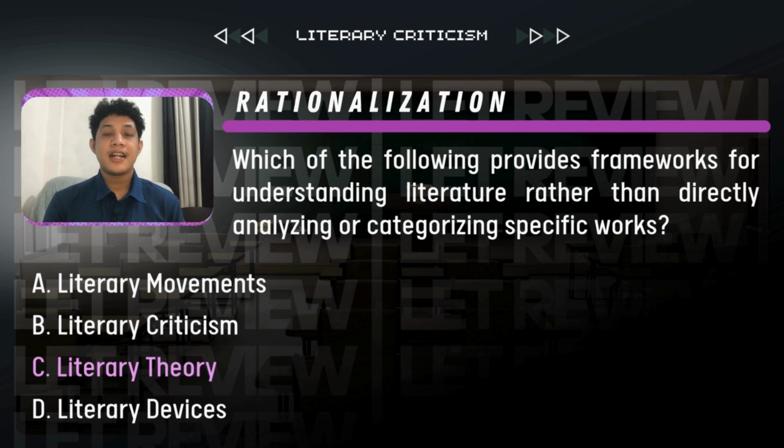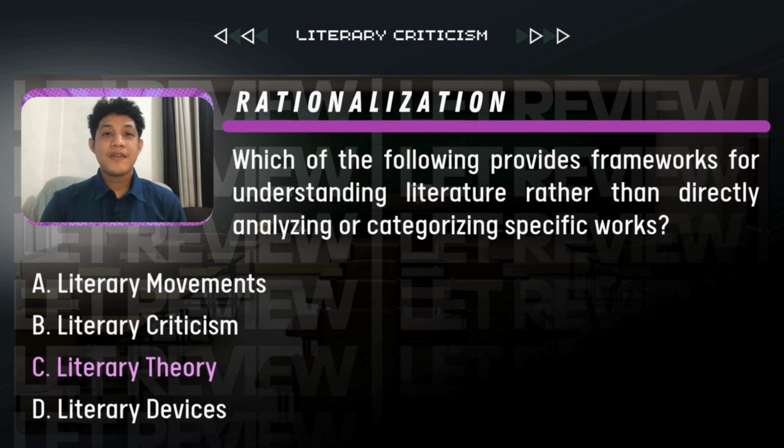The other choices are incorrect because letter D, literary devices, as we know, are the techniques used within a text, such as metaphors and irony. And letter A, literary movements, are historical or stylistic groupings of writers and works such as Romanticism, Modernism, and Realism, which is not a framework. It is the historical or stylistic movement, okay?